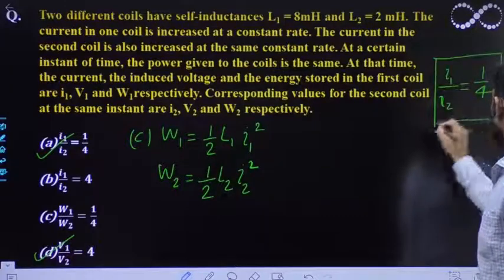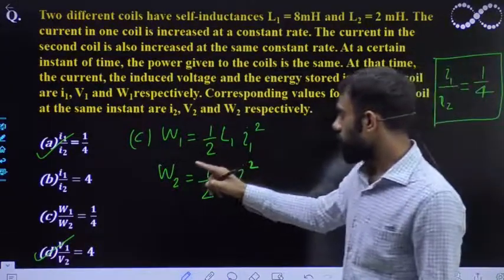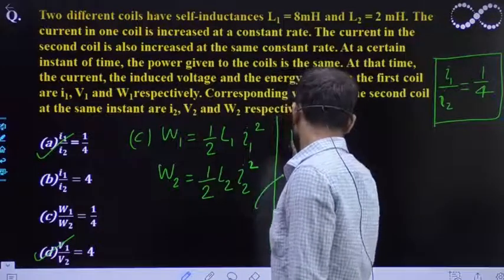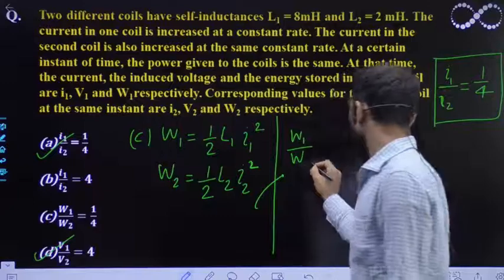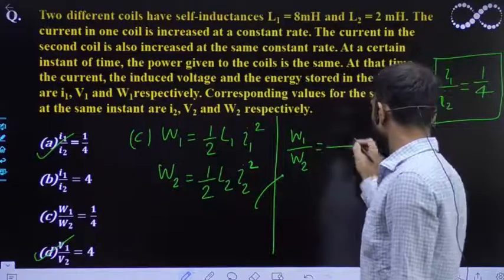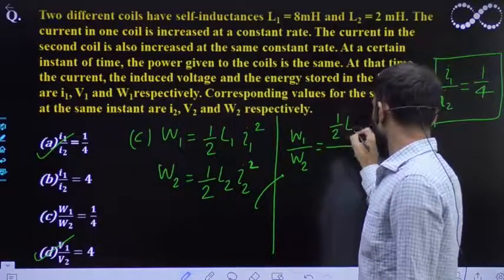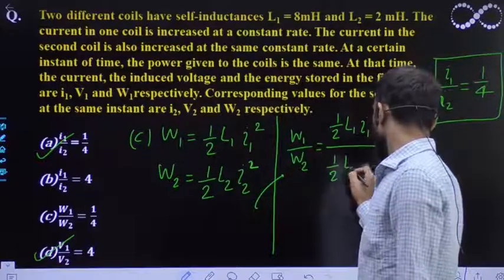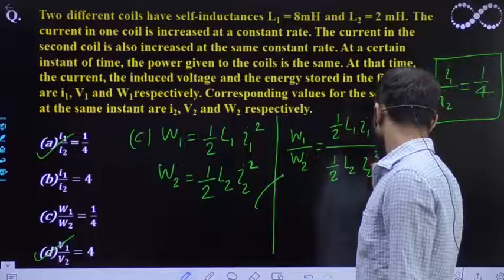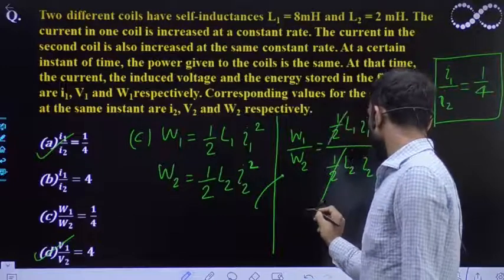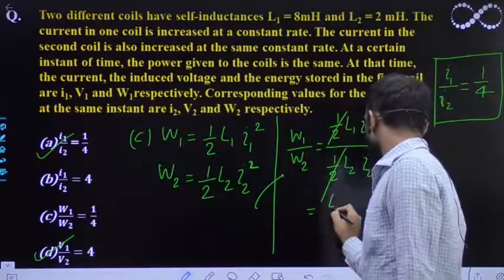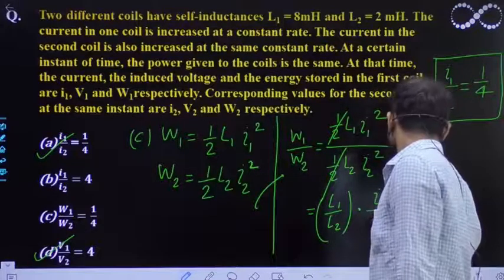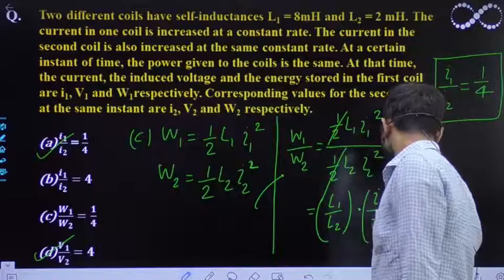This I know here because this will get utilized here. So let us check W1 upon W2. W1 upon W2 is equal to 1 by 2 L1 I1 square upon 1 by 2 L2 I2 square. So this will get cancelled out, and we get L1 upon L2 into I1 upon I2 whole square.